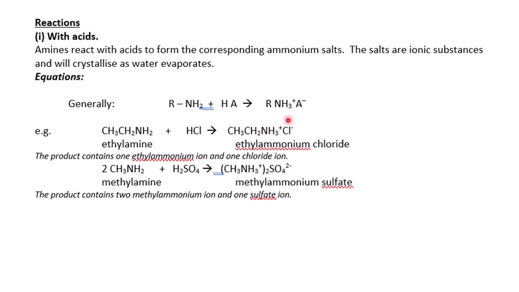So if that had been NH4+ Cl-, that would have been ammonium chloride. So it's a bit like ammonium chloride, but with an alkyl group attached, in this case an ethyl group, so ethylammonium chloride.